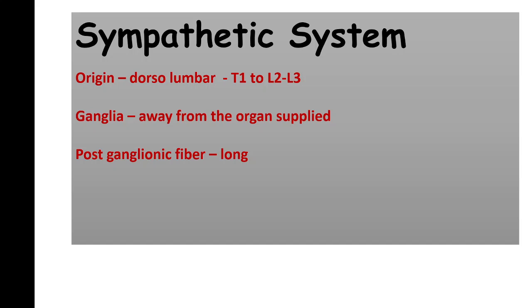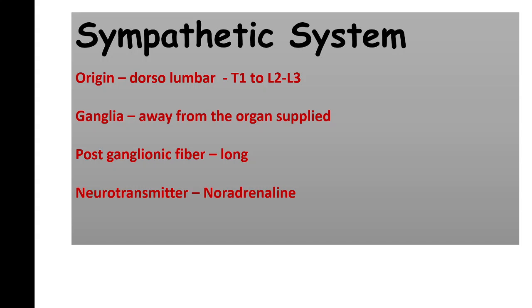Now sympathetic system, we all know in brain or in ANS we need some chemical messenger. In sympathetic system, that chemical messenger or neurotransmitter is noradrenaline. Remember, it's not adrenaline, it is noradrenaline or also known as norepinephrine.